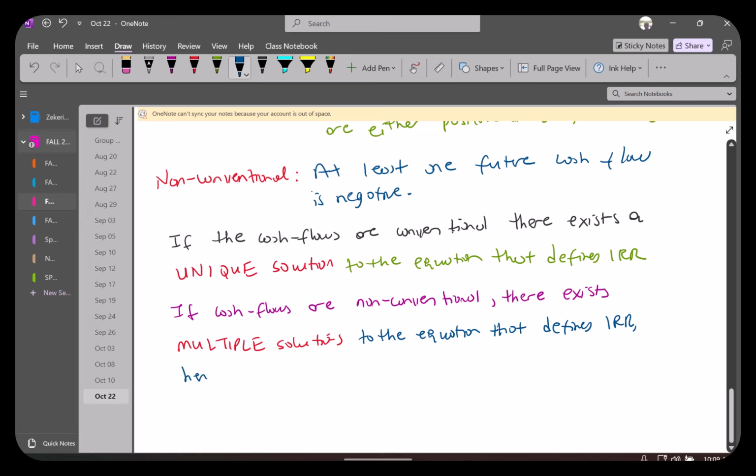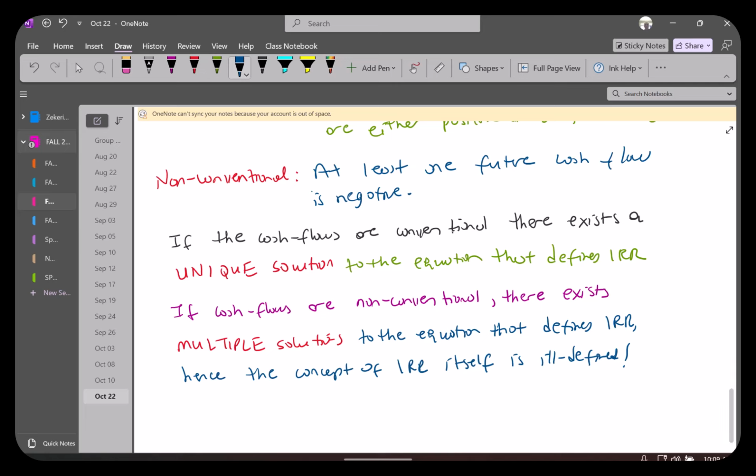Hence, the concept of IRR itself is ill-defined, which is a fancy way of saying it doesn't mean crap.